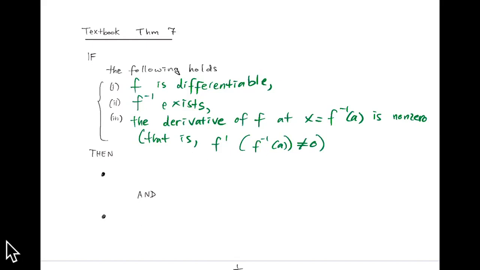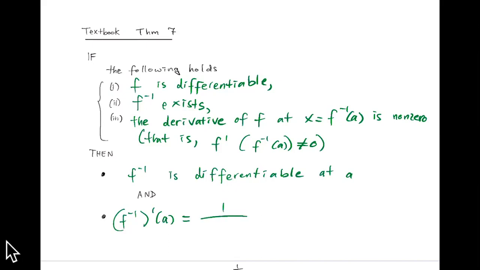If these 3 conditions hold, then we can say that f inverse is differentiable at a, and we know how to compute the derivative of f inverse at a.